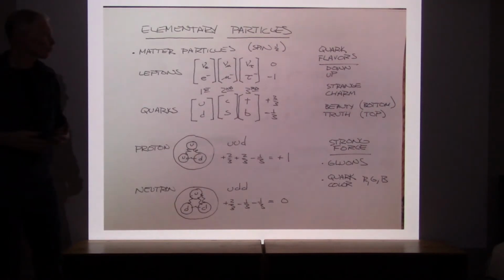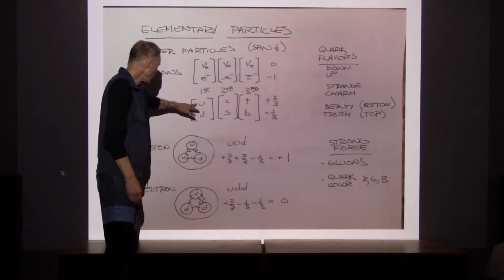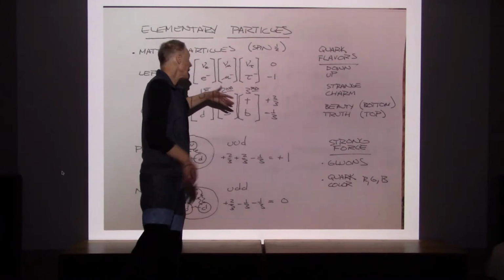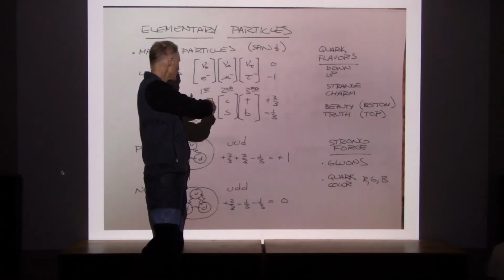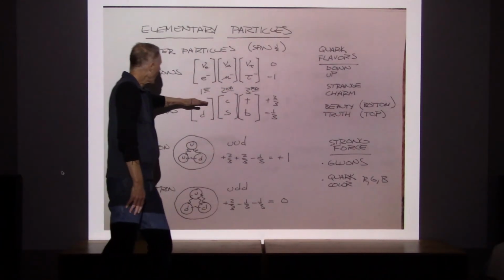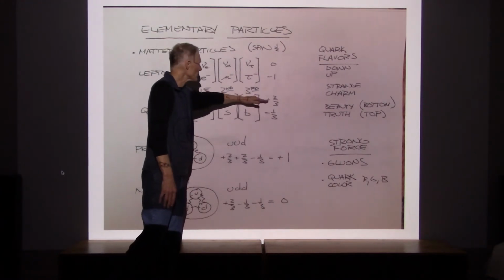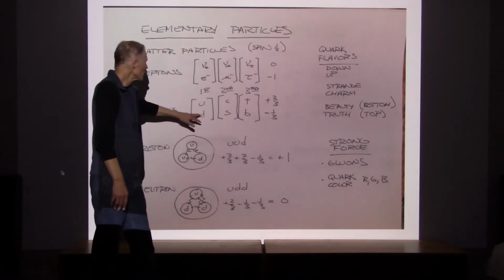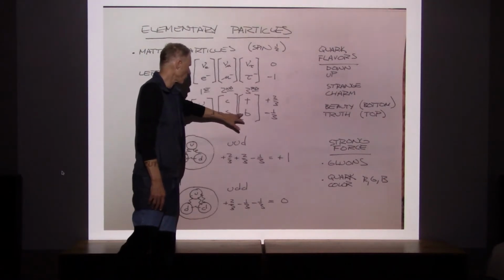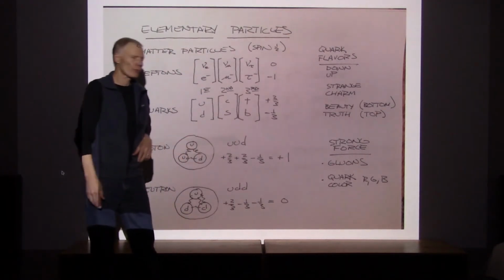So this is kind of interesting, that the up quarks and the other quark flavors also follow this pattern. All of these up-like quarks have charge of plus 2/3. All of the down-like quarks have charge of minus 1/3.